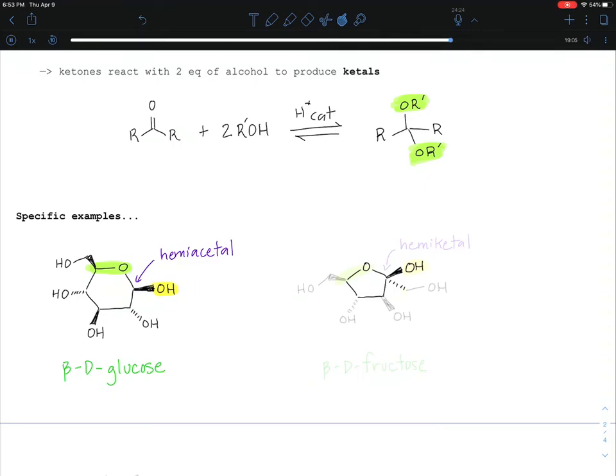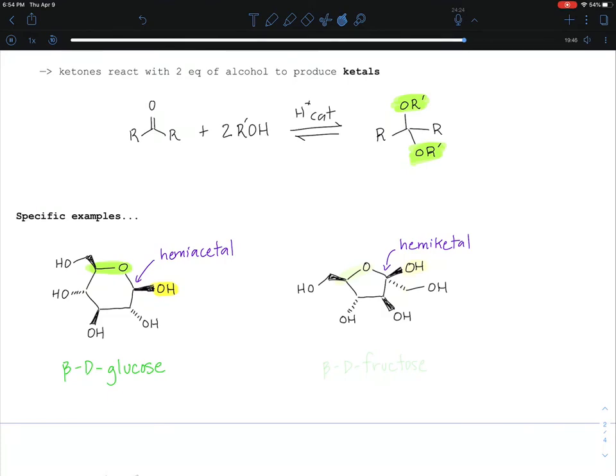So let me draw that a little bit better. There you go. So this right here is our hemiketal. Fructose is a ketone, so when it's cracked open, that carbon right there is actually carbon number 2.